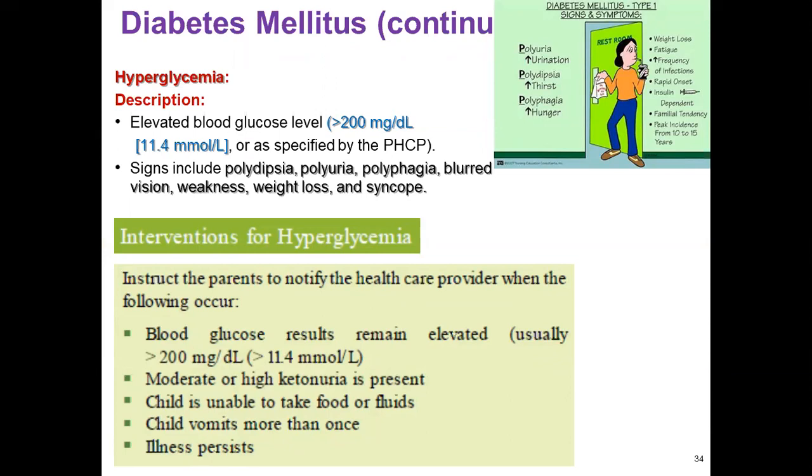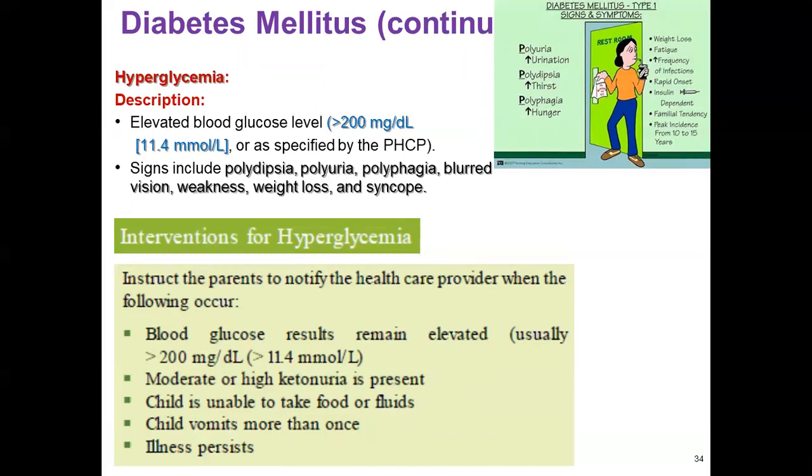So if we know how to manage hypoglycemia, it is also good to know about management of hyperglycemia and other complications like diabetic ketoacidosis. It is the opposite of hypoglycemia: hyperglycemia. This is when the blood glucose level is more than 200, and some books say more than 250 milligrams per dL, or 11.4 millimoles per liter.